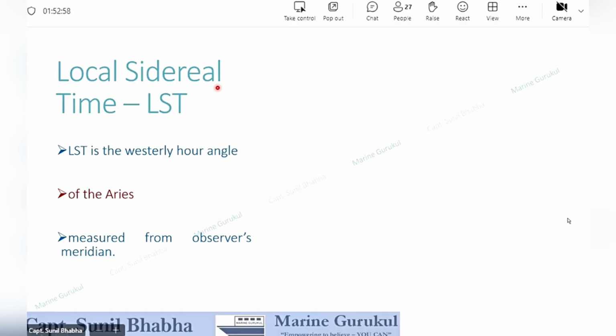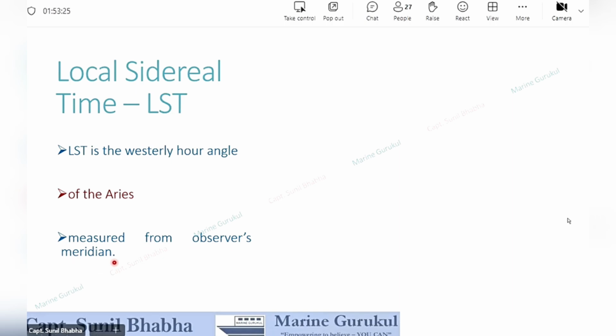In case of stars also, we get their hour angle from the almanac as SHA, sidereal hour angle, and this SHA is measured with reference to first point of Aries. So likewise, the sidereal times are also measured with reference to Aries. So LST is the westerly hour angle of the first point of Aries measured from the observer's meridian.